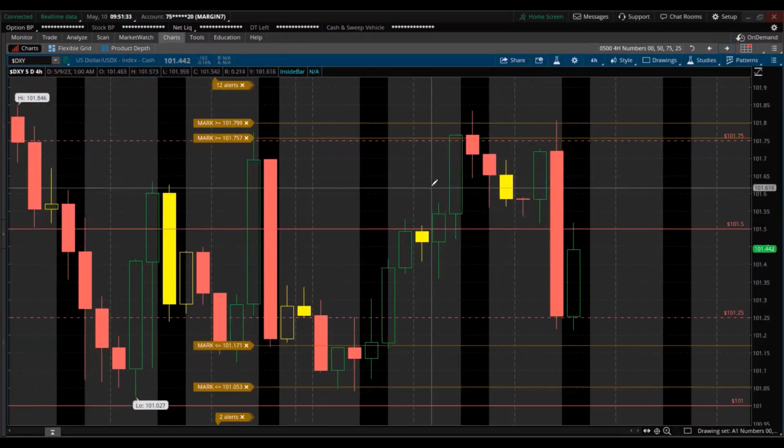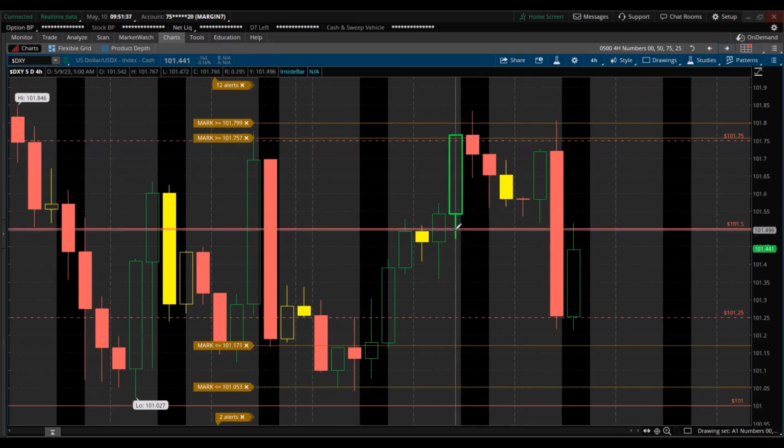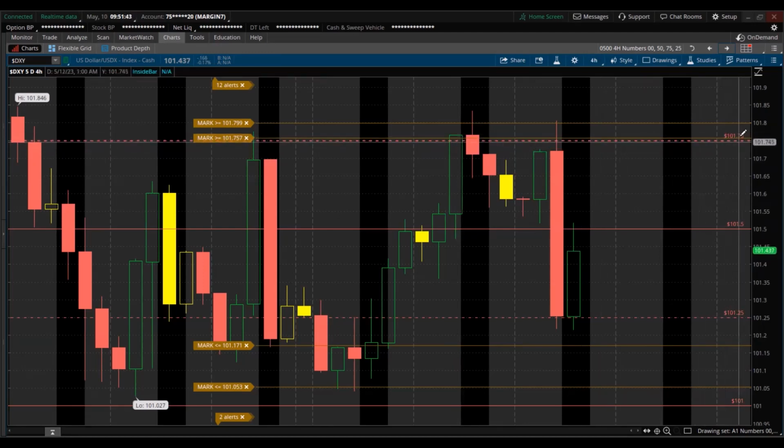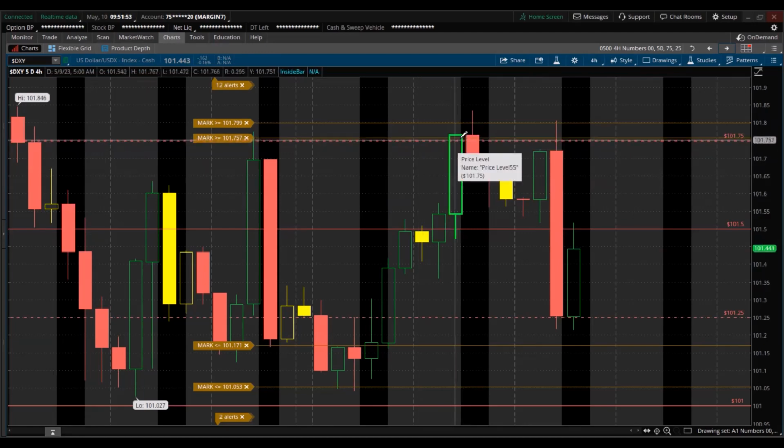US dollar index multiple times, testing and rejecting. We had the trend up, numbers, quarters, 75. But when I say quarters, I'm referring to the 75 and 25 quarters, and double zeros, the 50s and the 100s. So dollar ran up here yesterday, tested quarters, that red horizontal line, and did a trend reversal, opportunity of trading bearish.